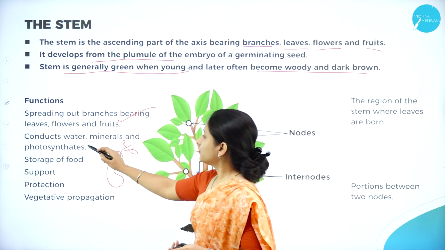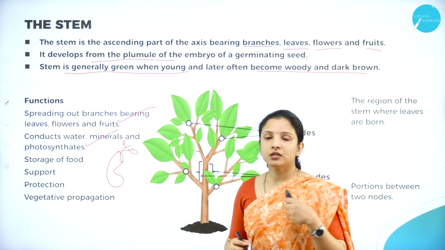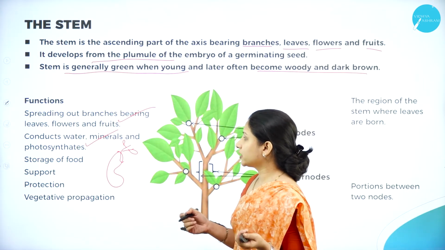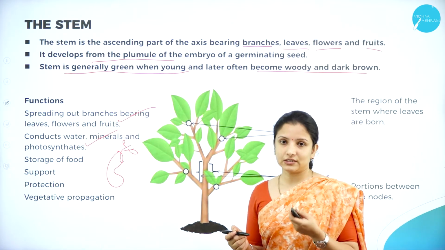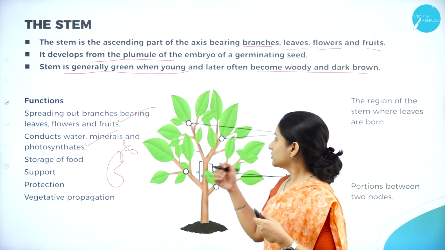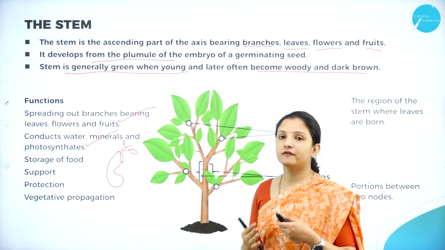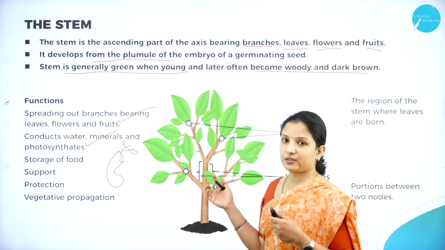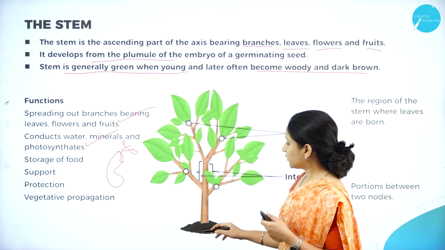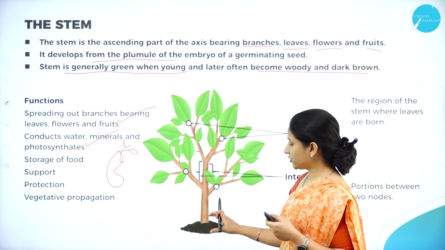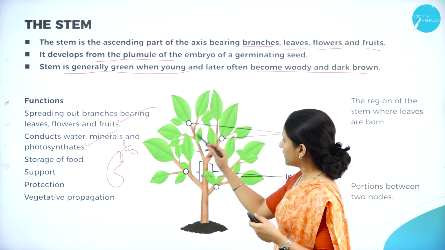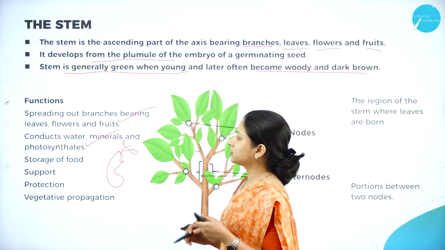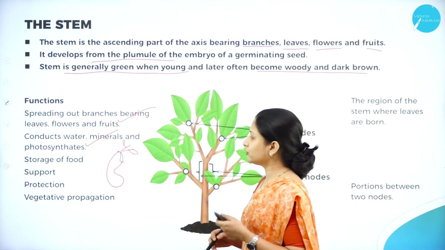Also, the stem helps in conducting water, minerals and photosynthates, which are needed for the preparation of food. It acts as a connection, because whatever nutrients are derived from the root are carried to different parts of the plant body through the stem. Therefore it conducts water, minerals as well as photosynthates.